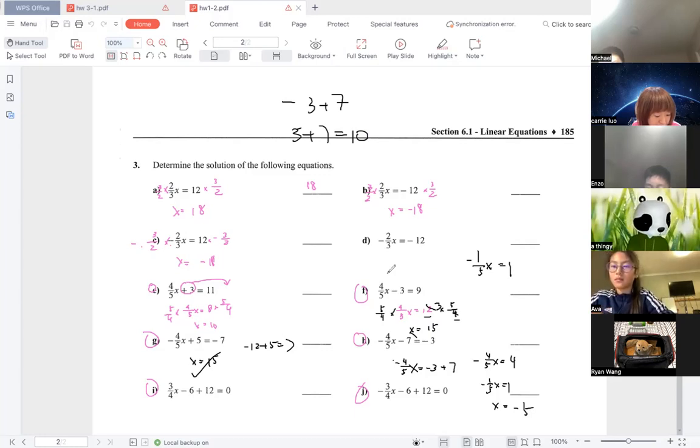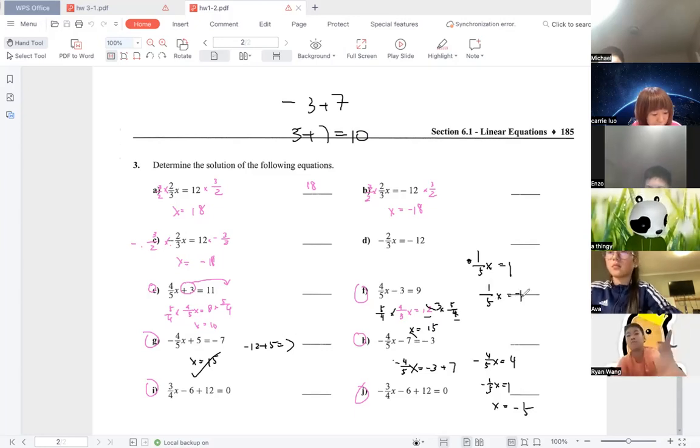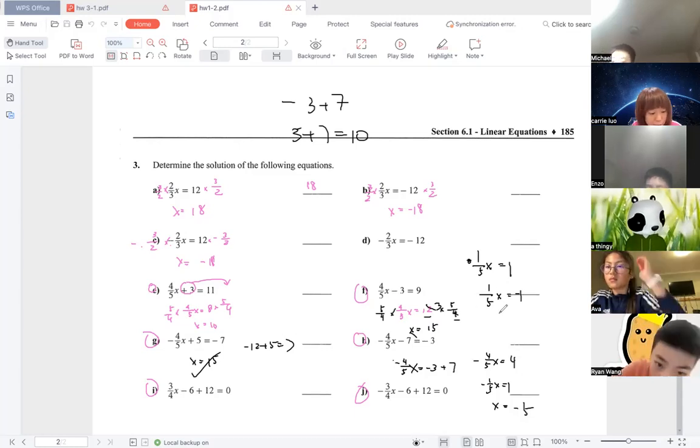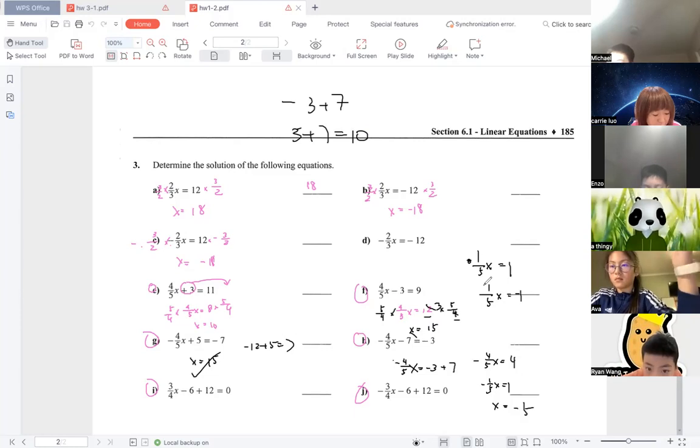Everybody, if we start here, negative 1 over 5 x equals 1. Are you with me? How about we just take this negative over there? So it'll be 1 over 5 x equals negative 1. Do you understand, Ava? Now we don't want 1 over 5 x, we want x. How do we change 1 over 5 x into x?